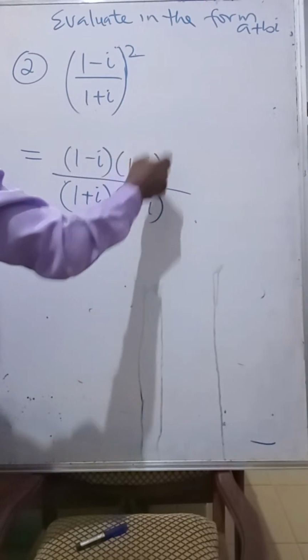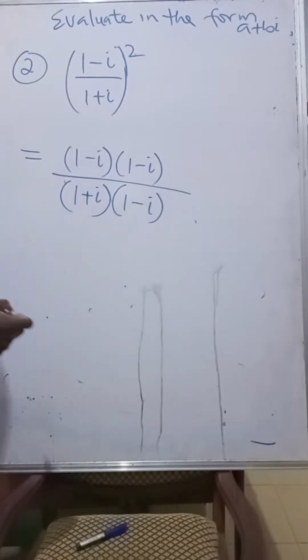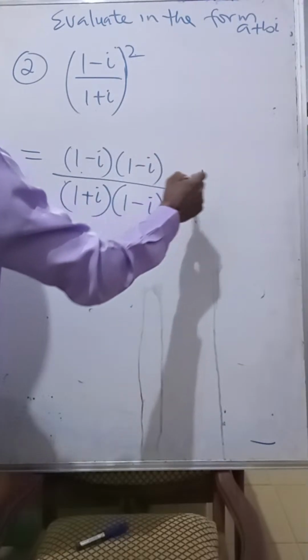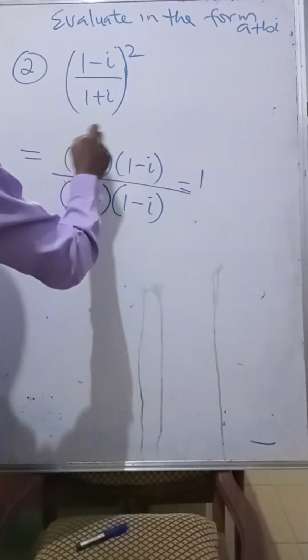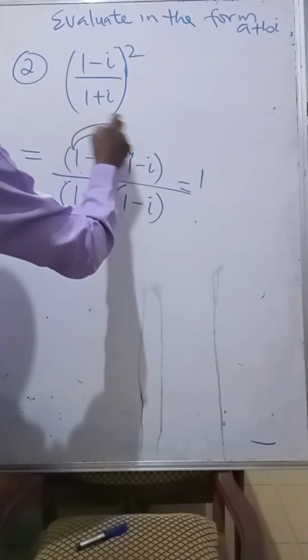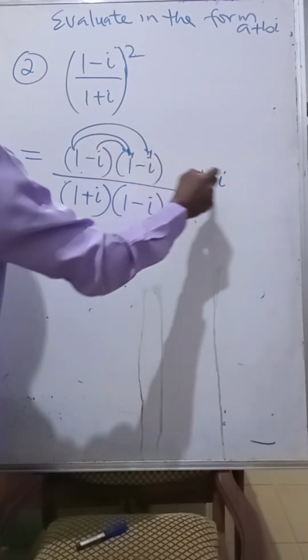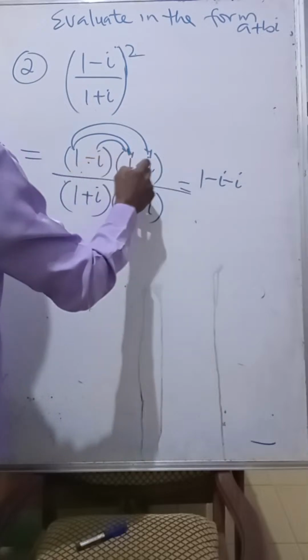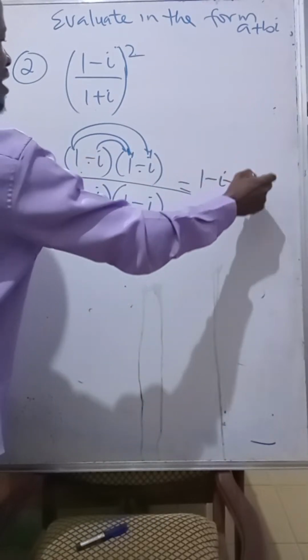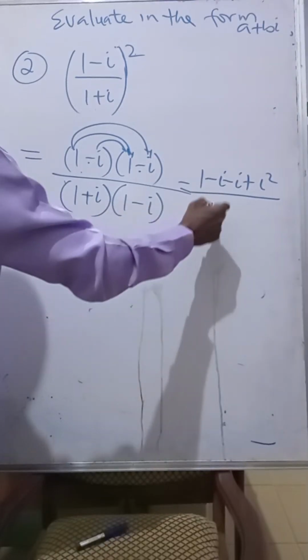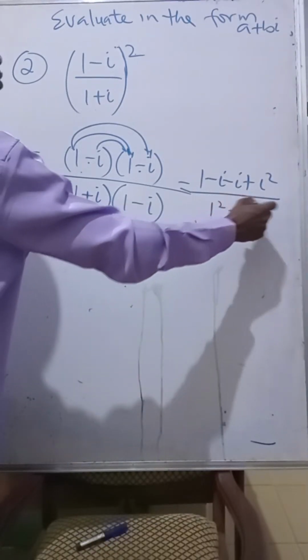This will give you 1, this one times this one, that's 1, and this one again times this one, that's minus i, this one again times this one, that's also minus i, and then minus times minus, that's plus i squared, all over 1 squared plus 1 squared.